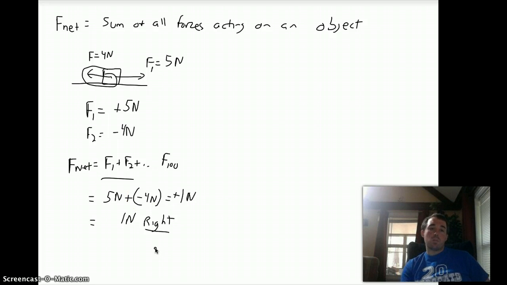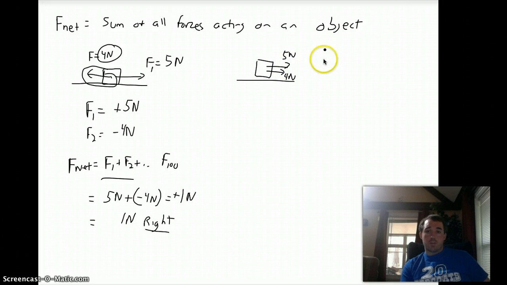So what do we do with this? Let's do one more quick example. Let's say that the 4 newtons now came over here. So you have both forces, the 5 newton and the 4 newton. And if you notice, I made this arrow just a little bit smaller because the 4 newton should be smaller. We'll talk about this more when I return, but a key thing to know is that force is a vector.